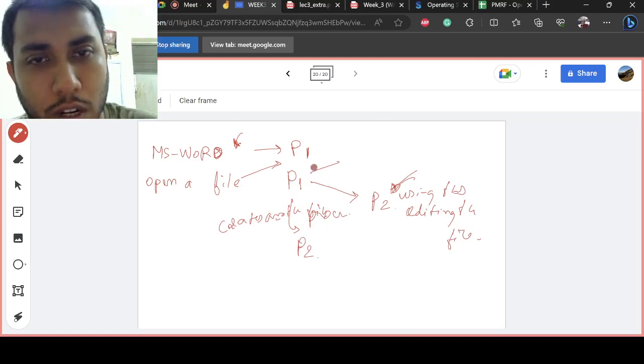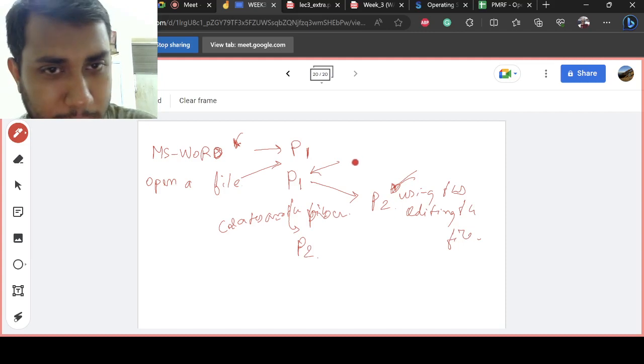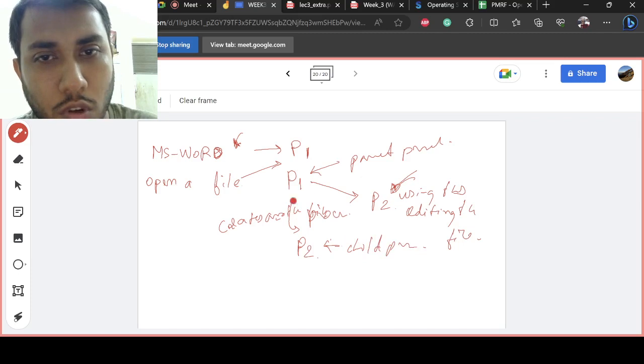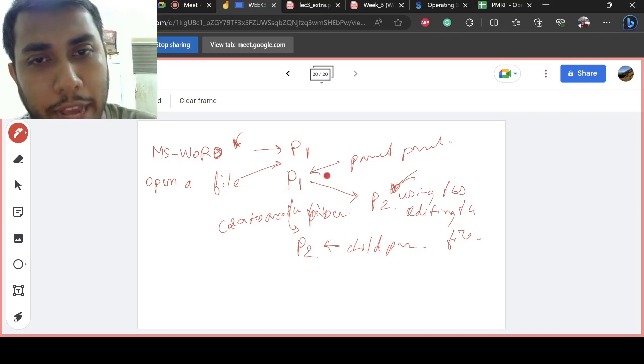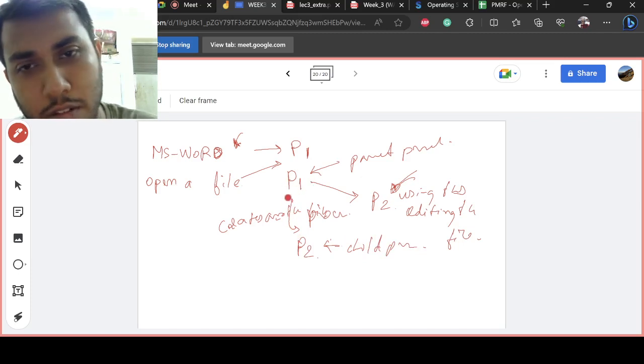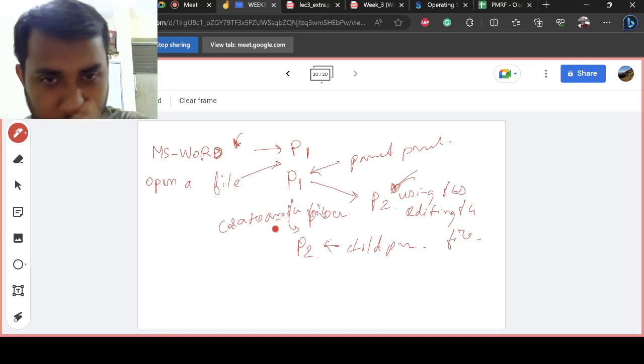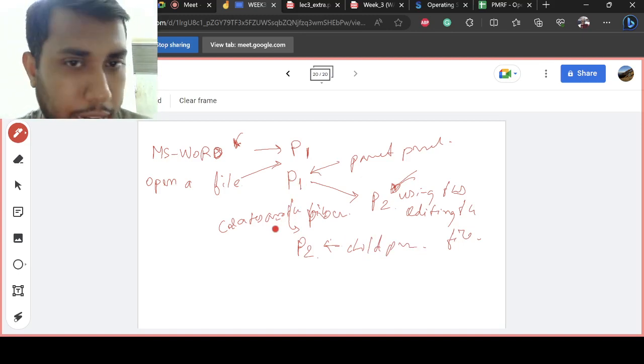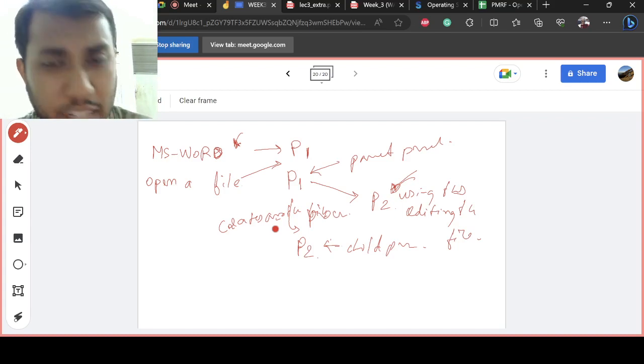P1 is called the parent process and P2 is the child process. For P1, P2 is its child, and for P2, P1 is its parent. Okay, so this is the concept of creating a process and why processes are created.